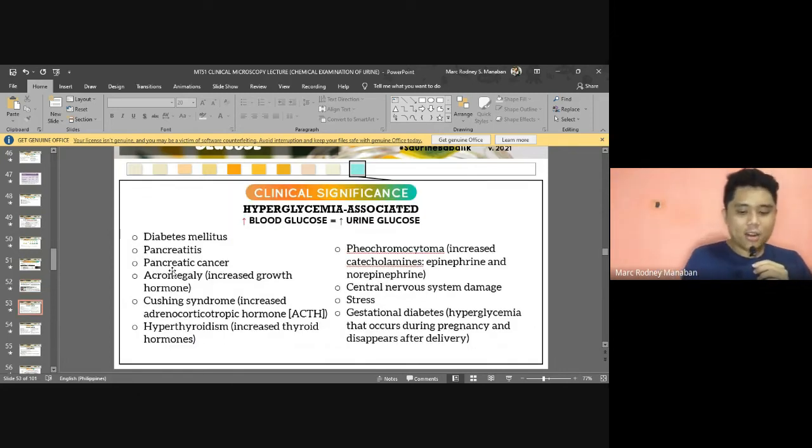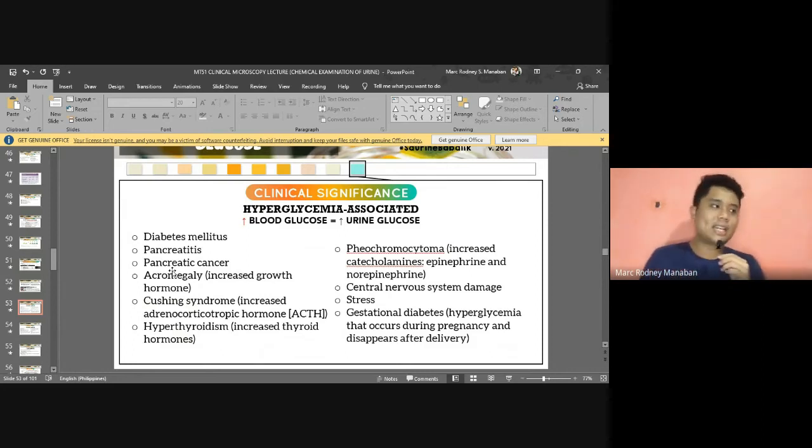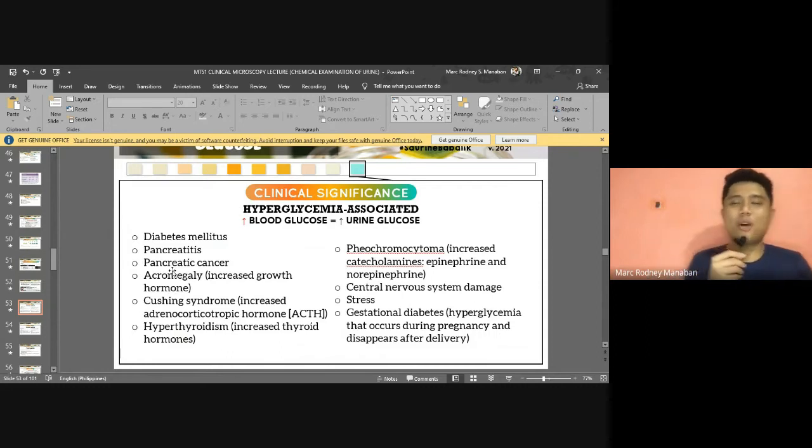Now, again, what are the different causes or clinical significances of the increase in glucose in your urine? Of course, there are two types. Number one, hyperglycemia associated, meaning the problem is in your body itself, where your plasma has an increased glucose concentration. Of course, increased blood glucose means increased urine glucose, meaning it has surpassed the renal threshold for glucose. So what are these diseases?